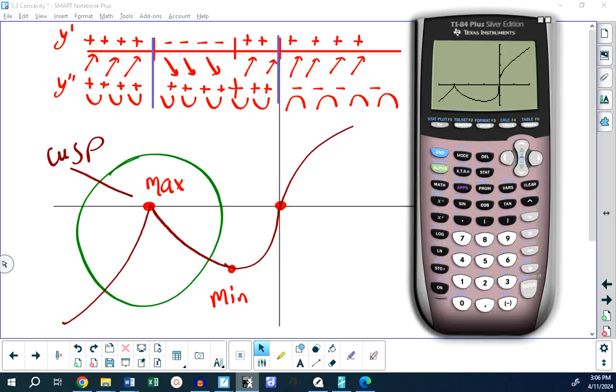And if I were to zoom box and just zoom in on a tiny, tiny sliver of this, it still looks like it's on the y-axis.